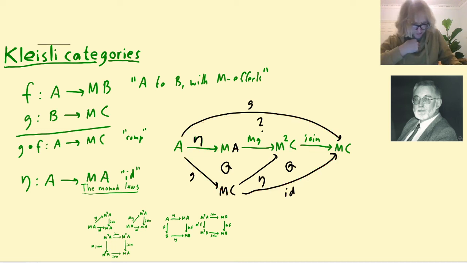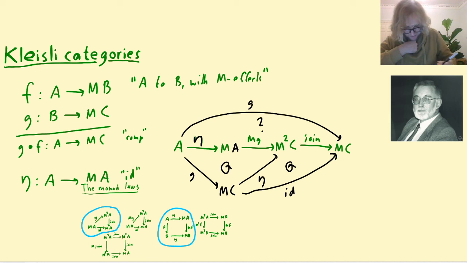And similarly, for this one we were really using this diagram, right? And naturality, but naturality we use all the time. We see that this one was used for one of the identities, and this other one is going to be used for the other identity, and this one finally is going to be used for the associativity.